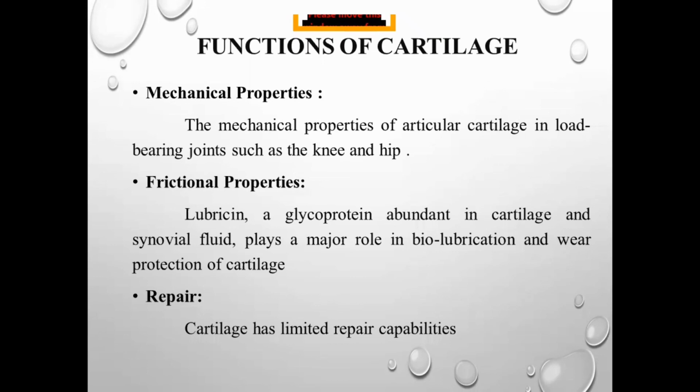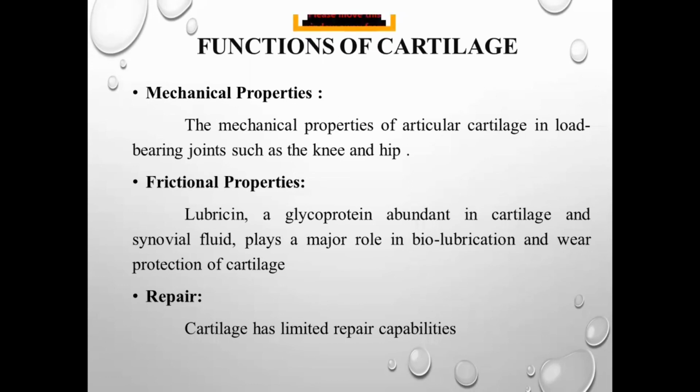In case we can't close the door properly, or if you have some noise in the door, what will we do? Immediately we're going to put 2 drops of oil, where your door can be moved easily without any noise, any friction. That oil is called lubrication. Like that, there is a glycoprotein which is present in the cartilage, in the joints, which helps in lubrication.